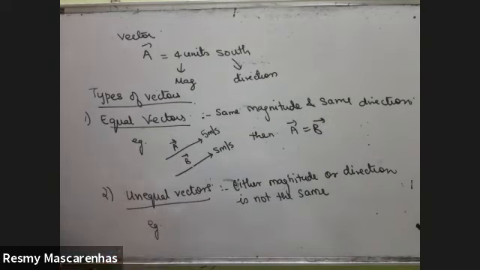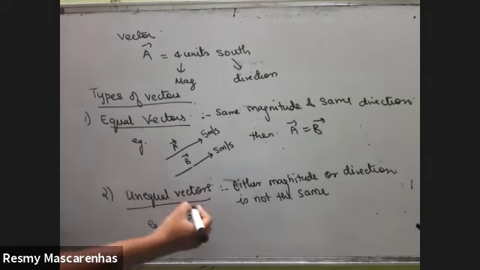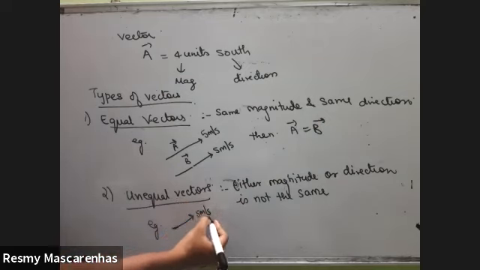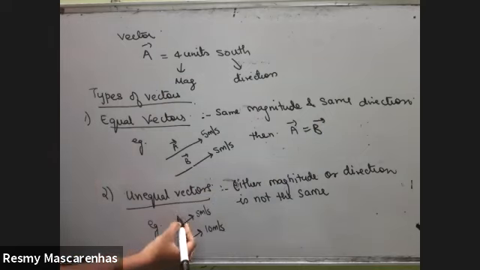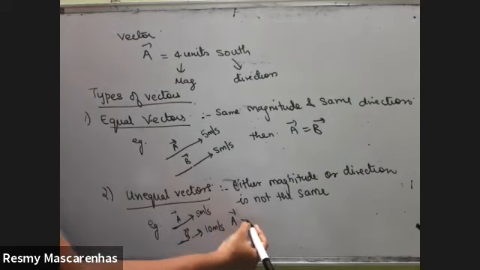Let me give you an example. They have same direction, but different values. Suppose this is 5 meters per second. This is 10 meters per second. Although they have same direction, they have different magnitude. So A is not equal to B.